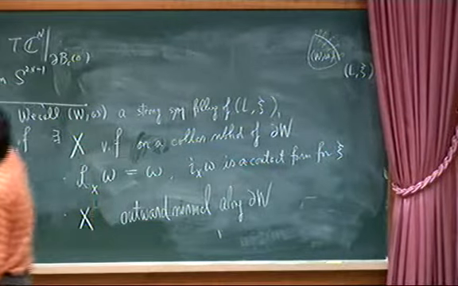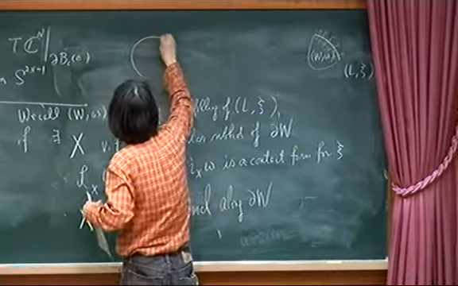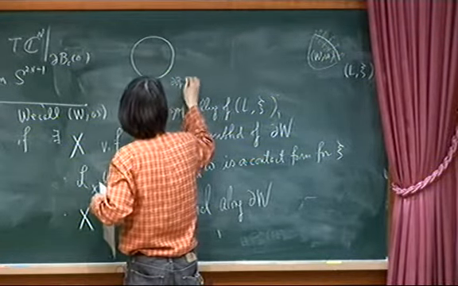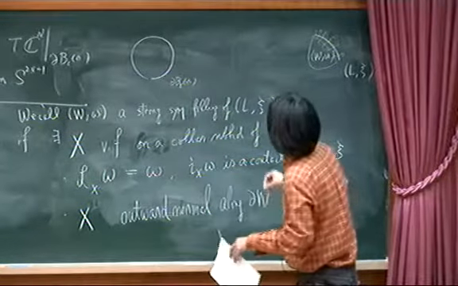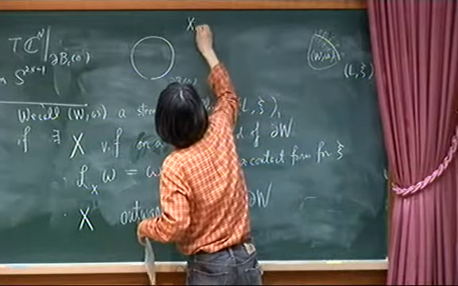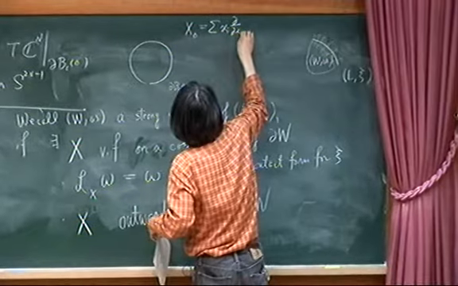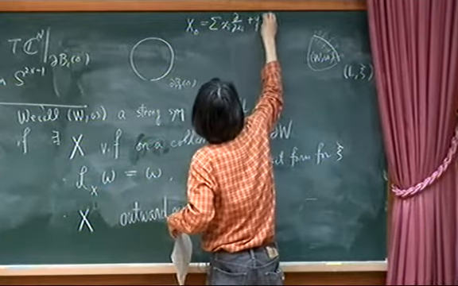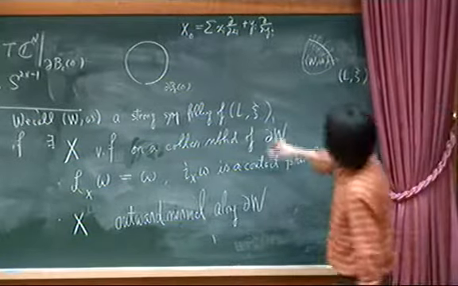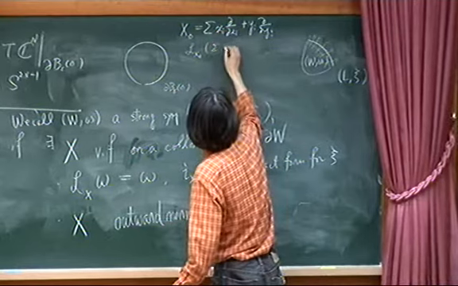So in this case, we have the round sphere like the boundary of the ball B_epsilon(0), and then we just consider the radial vector field, like X_0 is just the sum of x_i d/dx_i plus y_i d/dy_i, and then one can easily show that this actually dilates the standard symplectic form.